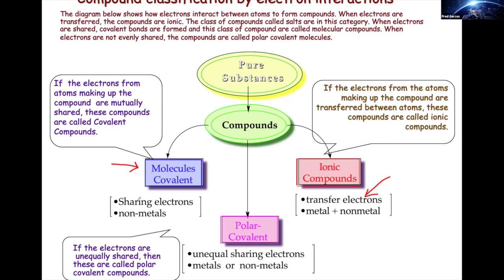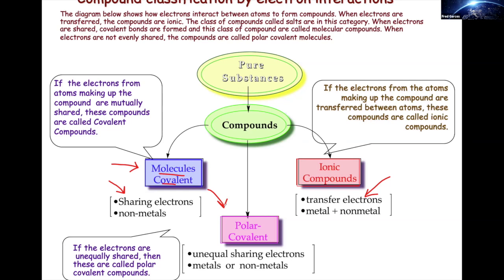What happens is that you have the sharing of electrons right here. Okay, when you have sharing of electrons, then you have covalent molecules. Sometimes the attraction for electrons is not equal, and so one atom has a higher attraction for the electron. We call this attraction for electron electronegativity.